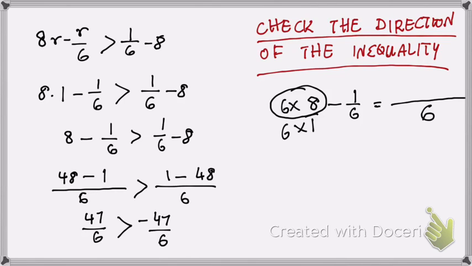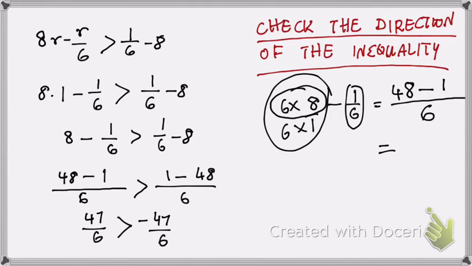For the numerator, you will get 48 for this term. And for this term, the numerator remains 1. So the answer would be 48 minus 1 is 47 divided by 6. Okay, that's how you got 47 divided by 6.